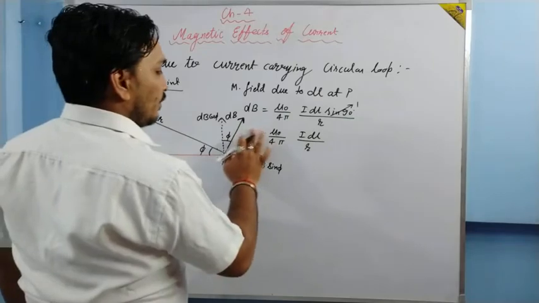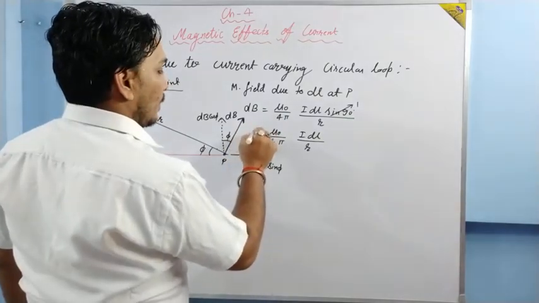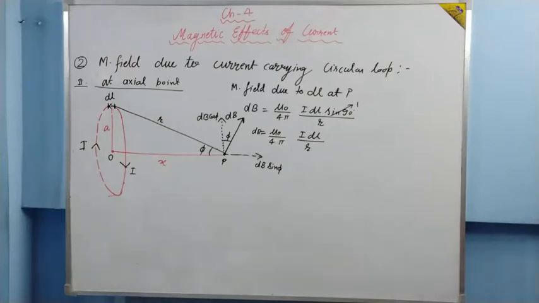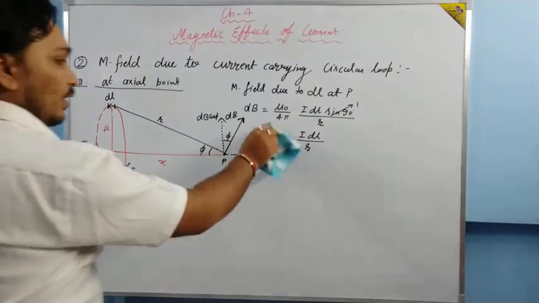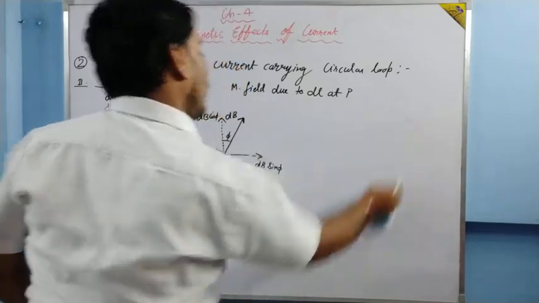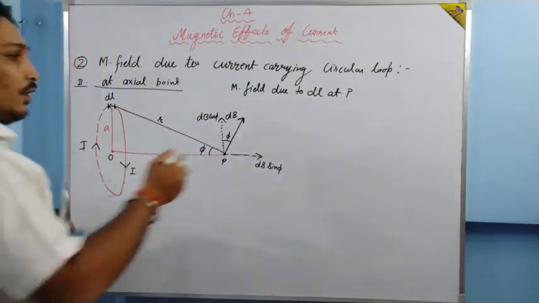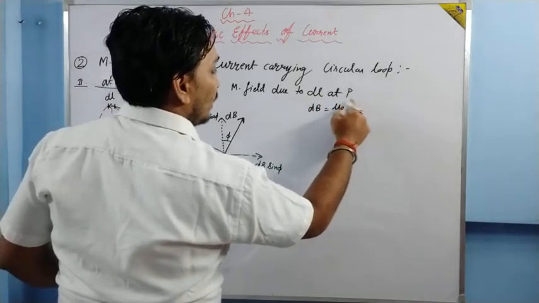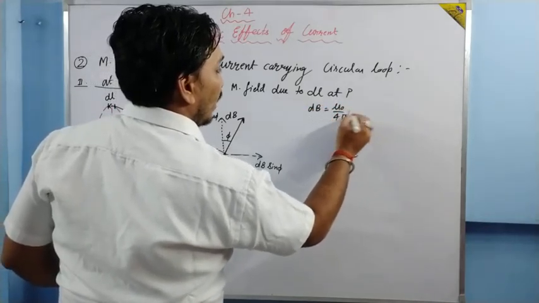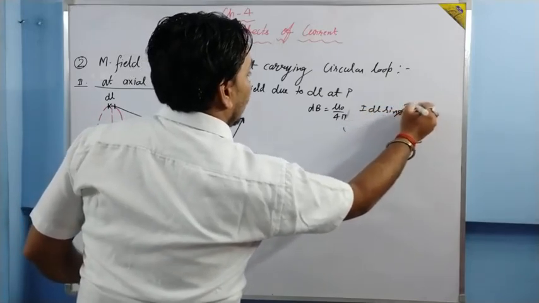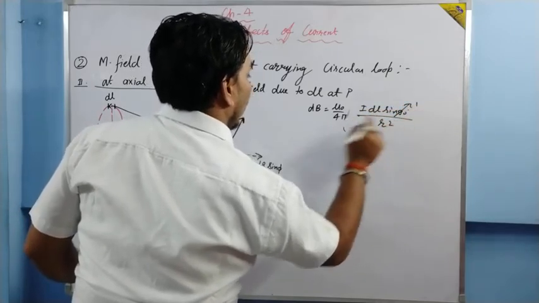Let me write this magnetic field expression a bit on that side so that confusion should not be there. Magnetic field due to dl, what we have discussed, dB is equal to mu naught upon 4 pi, I dl sin 90 degree, which is 1, upon r squared.